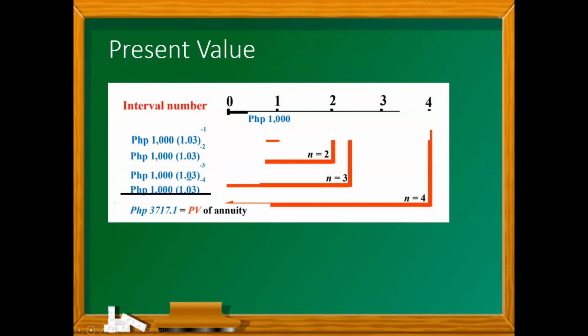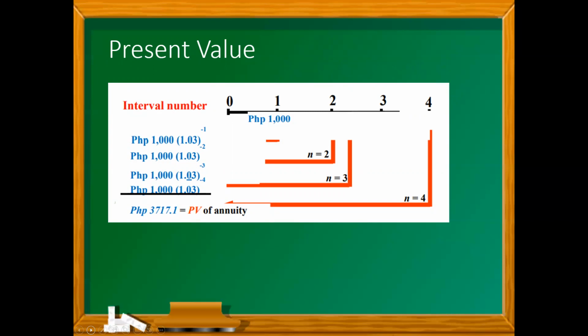Now we proceed with the present value. When we say present value, this is the amount of money needed to receive a series of payments for a given number of years in the future, and we call this the present value. For example, we're going to use the same annuity cash flow schedule as we did in the first figure.